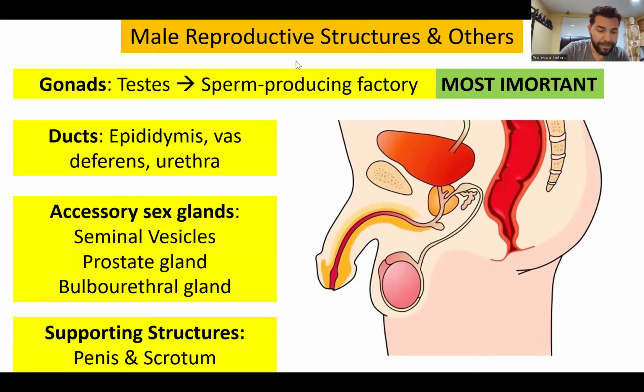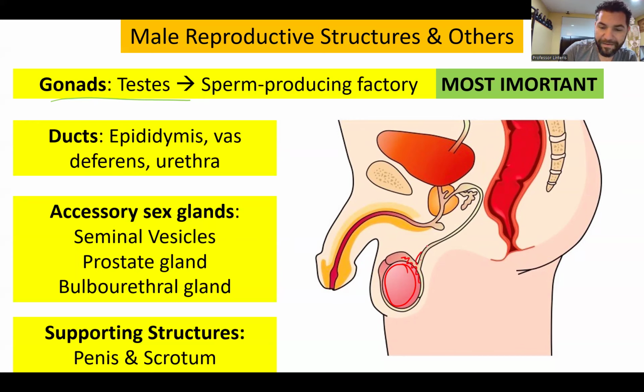That's where the sperm production takes place. There's an epididymis over here. We have the vas deferens, right? Epididymis, vas deferens, and urethra.